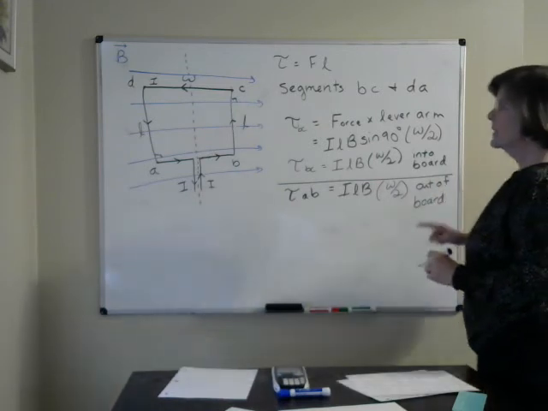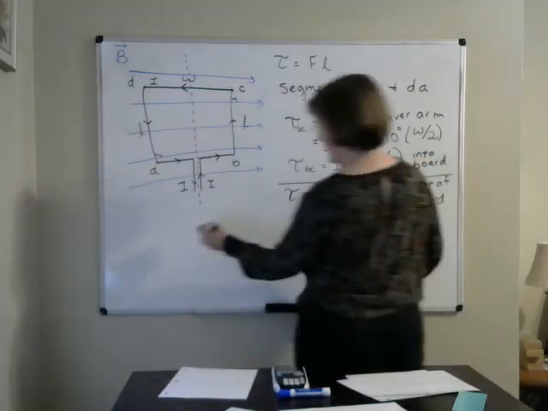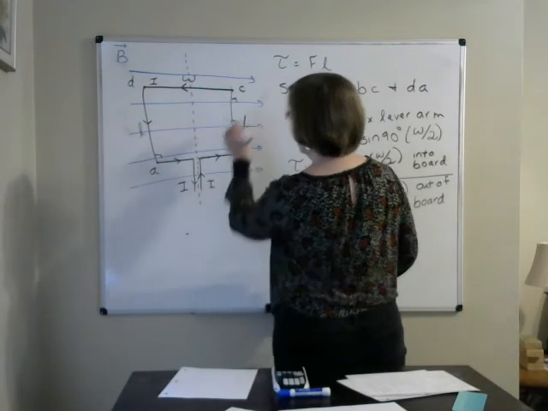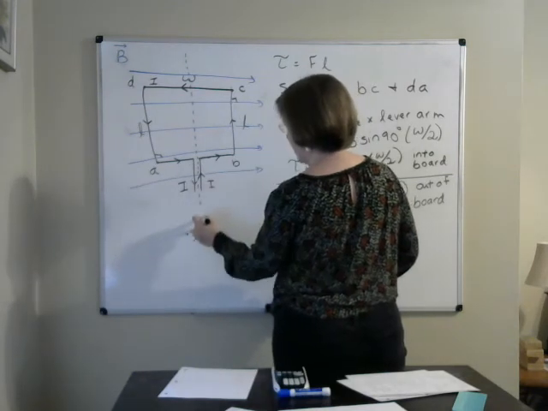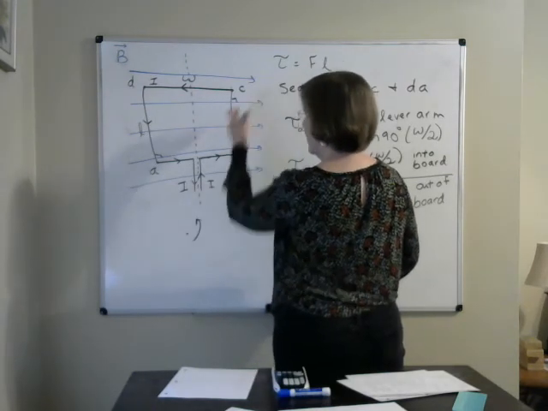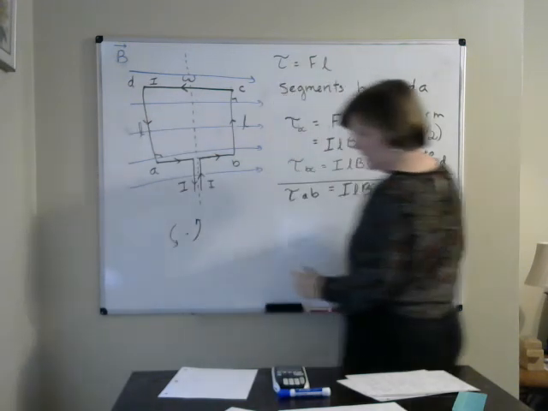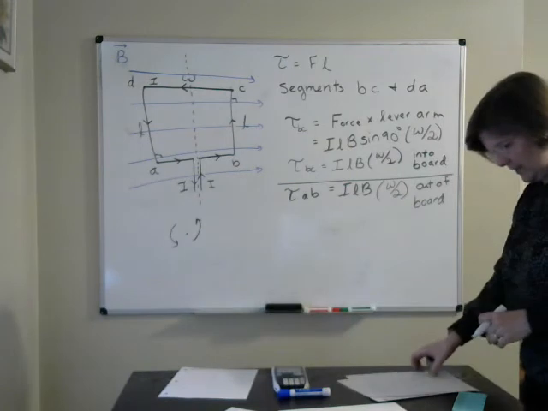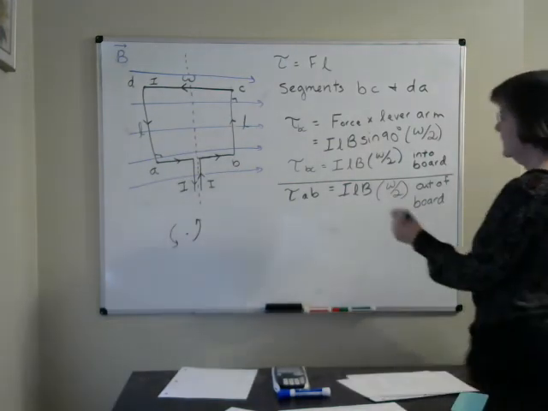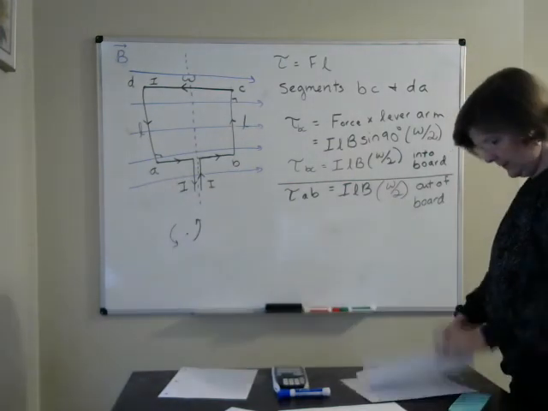If you were to look at it from above, if this is the axis from above, this one's causing a counterclockwise rotation. It wants to go that way. This one also causes a counterclockwise rotation if you look at it from above. So they're going to add together.